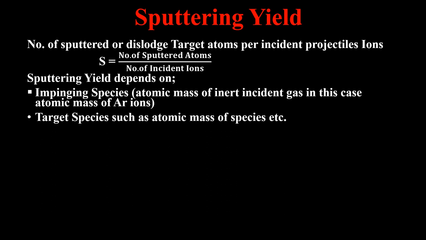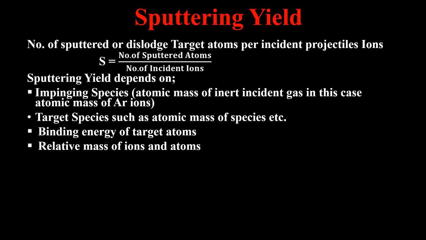It also depends on the target species, meaning the source material or precursor material and its atomic mass. The binding energy of the target material is very important, because in order to evaporate the source material, its binding energy must be less than the energy of the incident argon ion or inert gas ion.